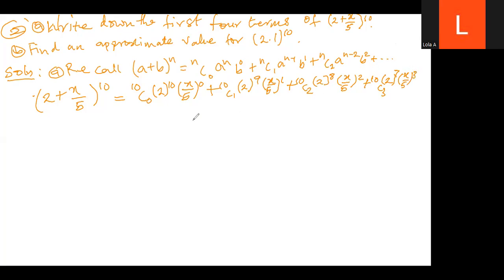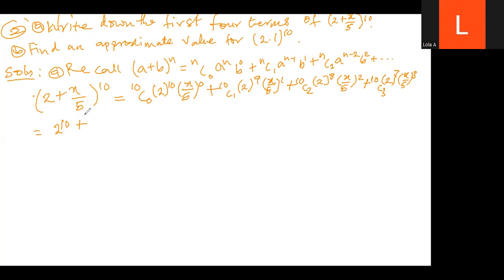So that's the first 4 terms. Now, what is 10 combination 0? That's 1. So the first term will reduce to 2 raised to the power of 10 because x over 5 raised to the power of 0 is also 1. Then 10 combination 1. What is 10 combination 1?